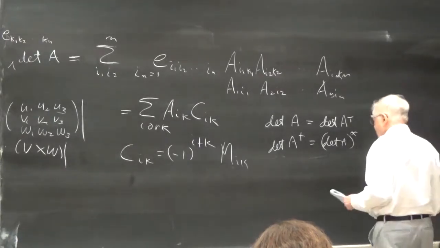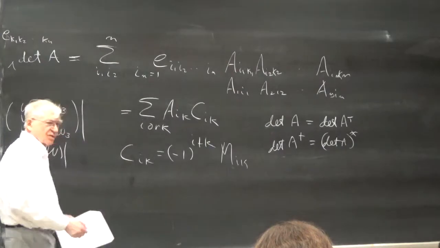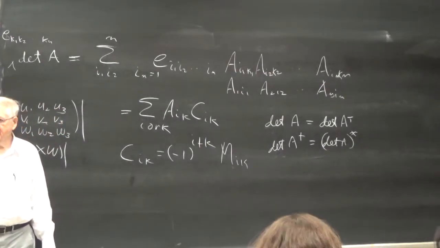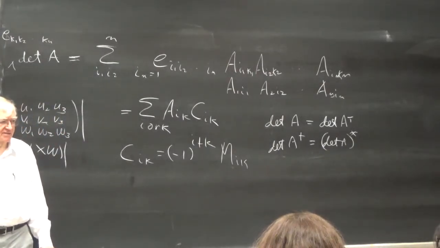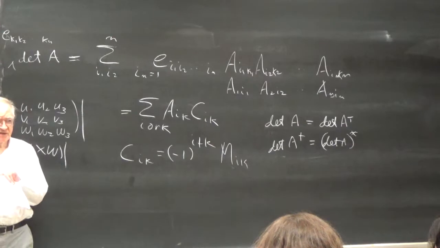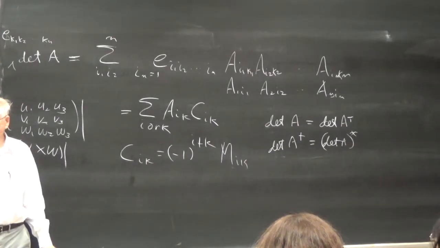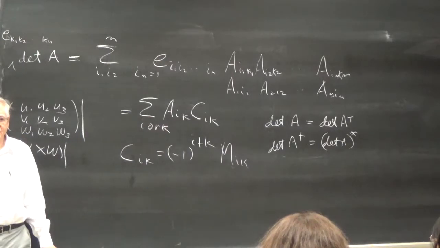You remember that from college? That if the columns are linearly dependent, the determinant vanishes. You had that or you didn't have it? Some of you didn't have it?